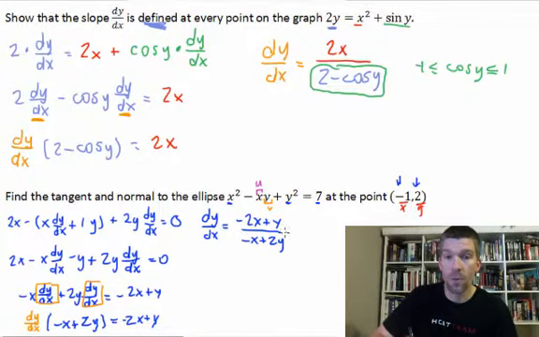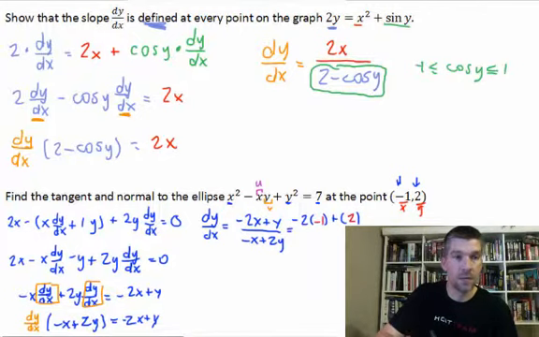Okay? So if I want to know what the slope is of this guy, then I substitute in those values of x and y. So I'm going to have negative 2 times x plus y, and my x is going to be negative 1, and my y is going to be 2.